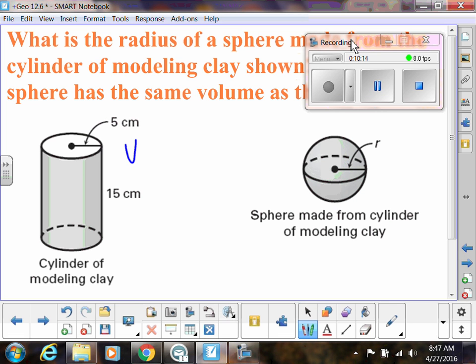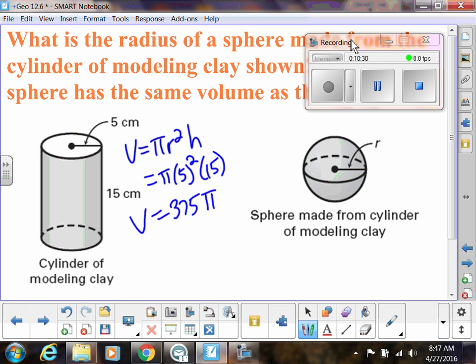Remember that volume of a cylinder is pi r squared h. So that's going to be pi times 5 squared times 15. So that's 375 pi. That's our volume.